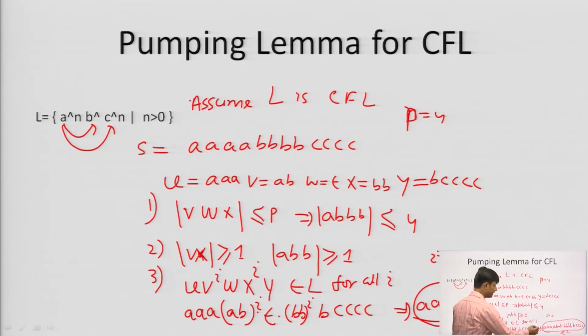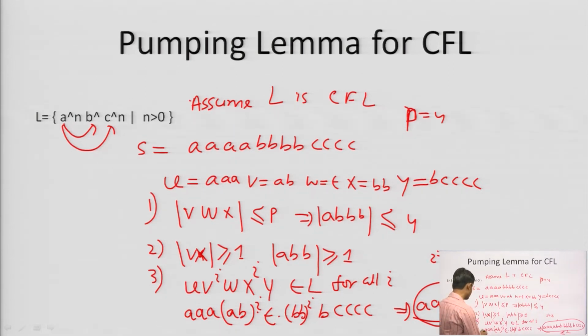This string will never be generated by L, whatever string, 4 times a, b 4 times, 5 times b c c, these strings are never generated by the language.